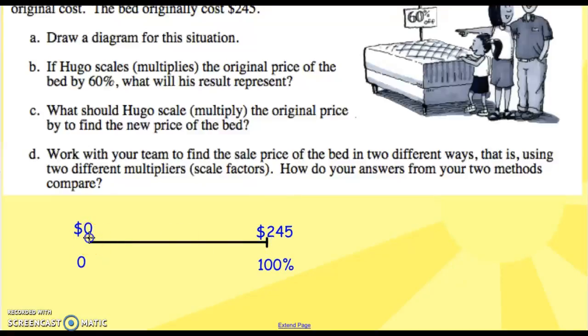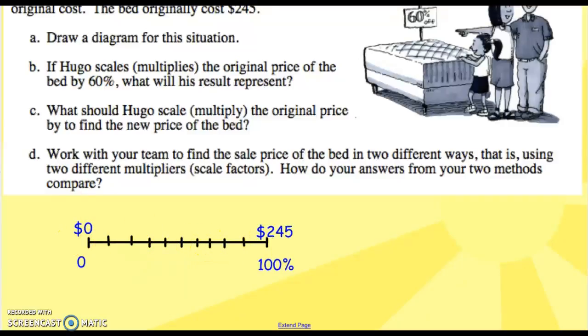Alright, they told me it was 60% off, so I know that I can split my 100% into tens, which is really easy. So I'm going to split my number line into tens, and you should do the same. Mine aren't exactly even. Okay, so that's 1, 2, 3, 4, 5, 6, 7, 8, 9, 10.